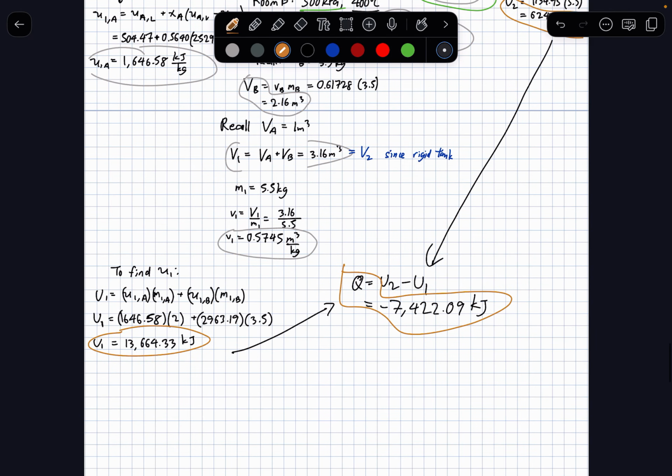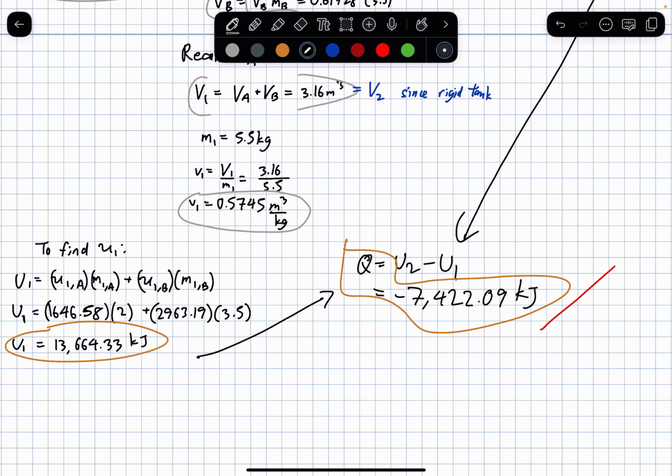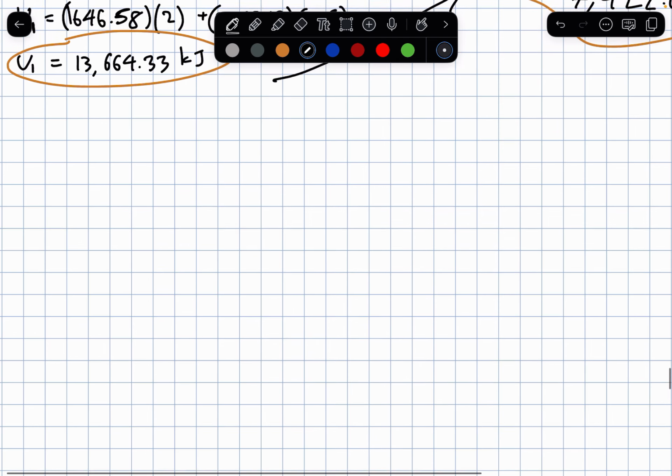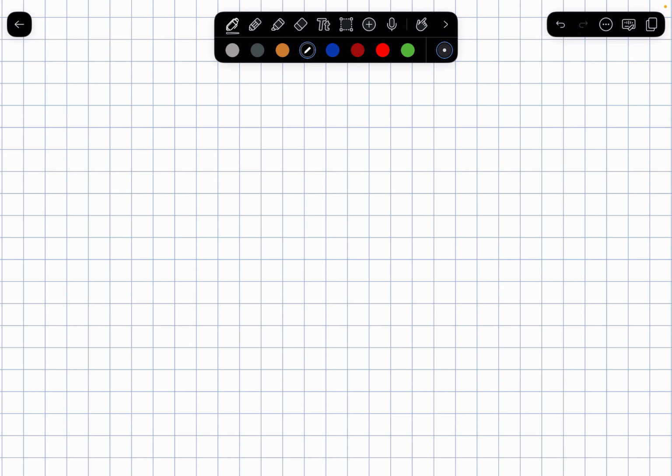This is a negative heat value, therefore we can say that this is a heat loss. Heat loss, no? Yeah, negative Q. Okay, next problem.